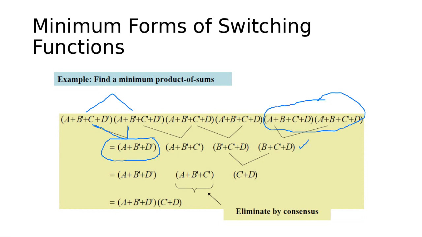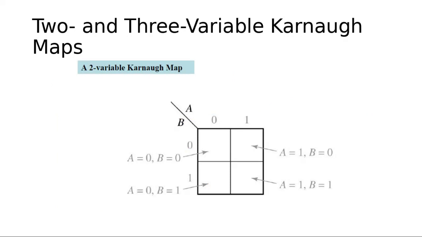Also, you can simplify again, and you can use the consensus rule and eliminate this one, and you can get the simplest one. But as I say, it is the hard way. Let's see the easier way for that.